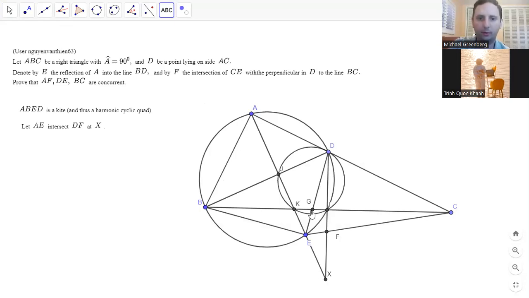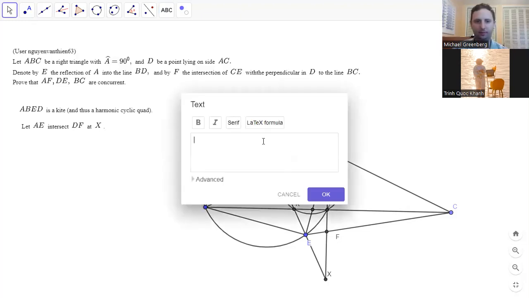Oh, I should define point G. Let DE intersect BC at G. Actually, I don't even know if I need that. I just need to show, yeah, so then let I be the foot of the perpendicular from D to BC.